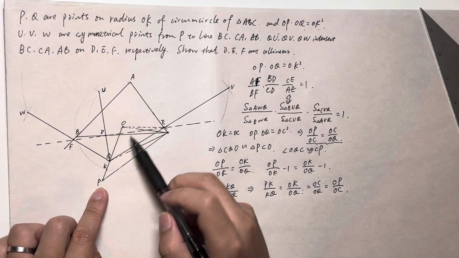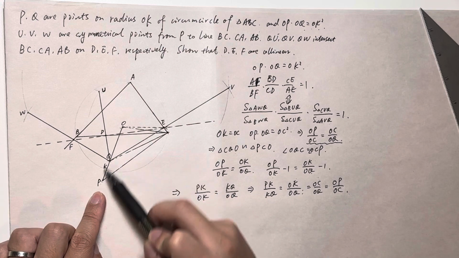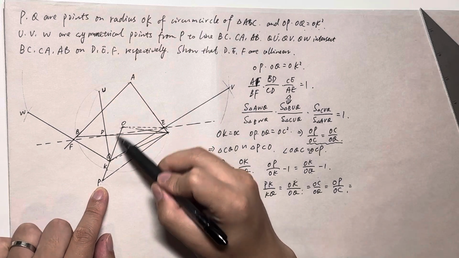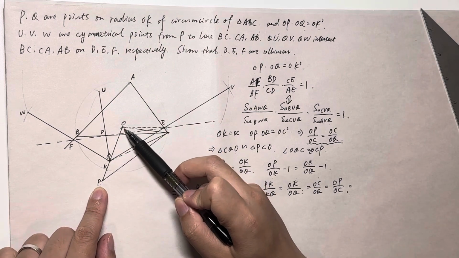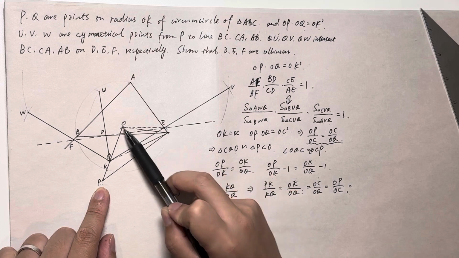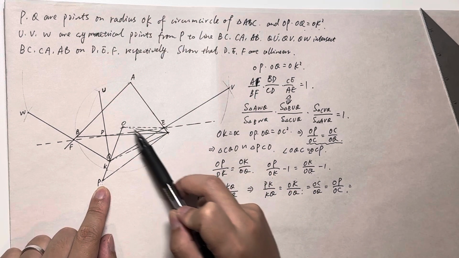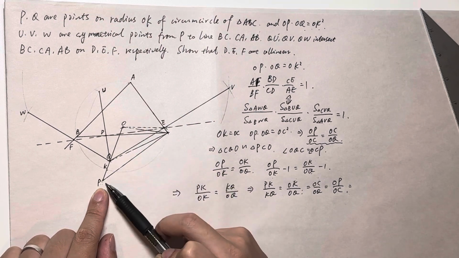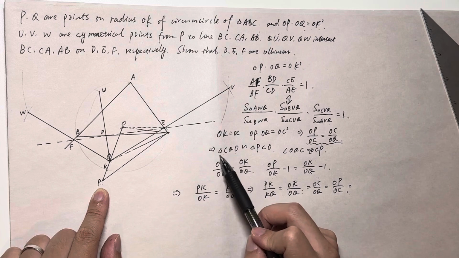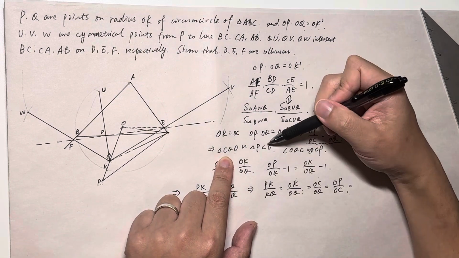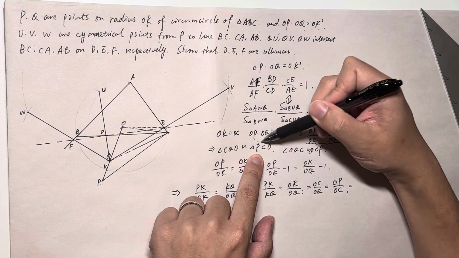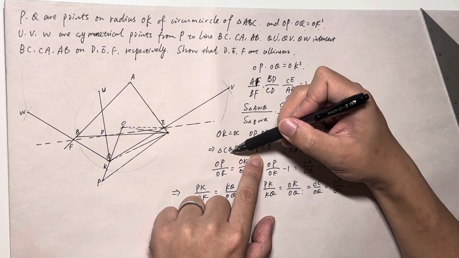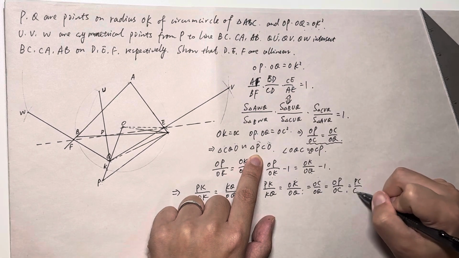And we know that OP is one edge of triangle OPC, and OC is one edge of triangle OCQ, right? So OP to OC equals PC to CQ, so you can find it here. OP to OC equals PC to CQ, right? So PC to CQ.